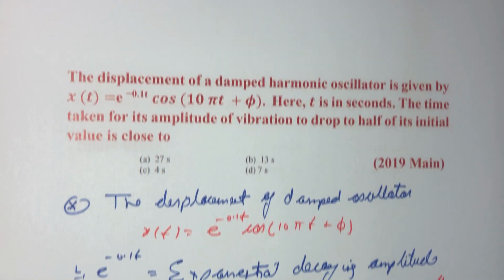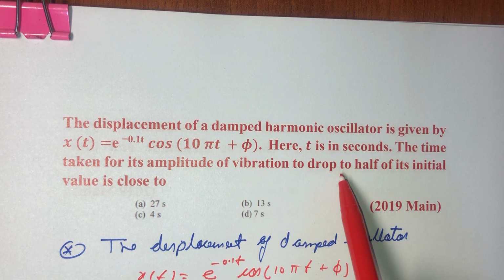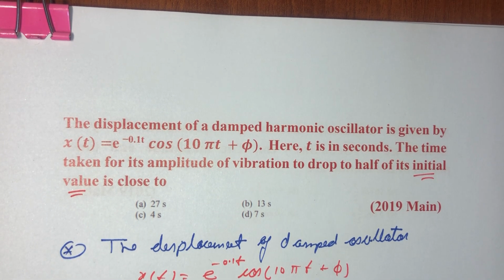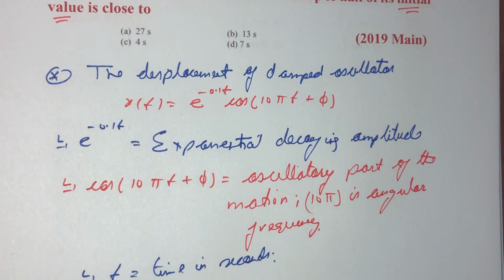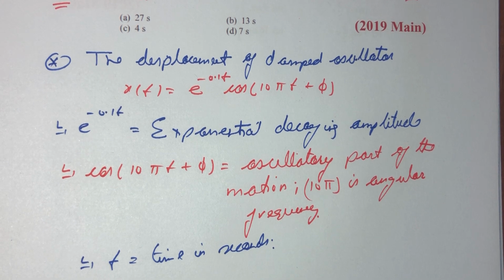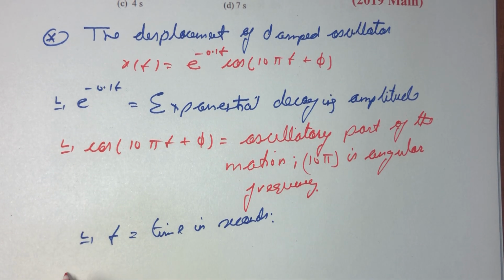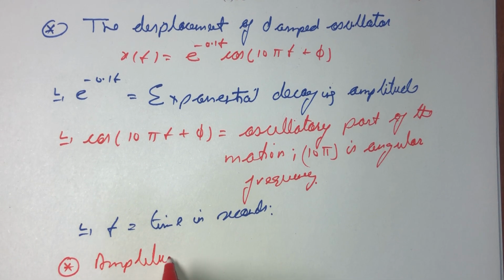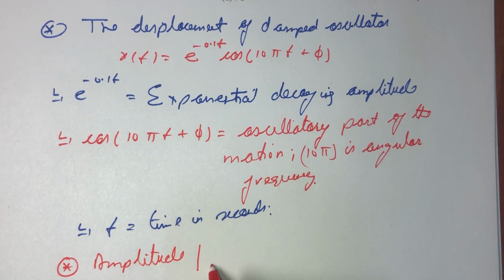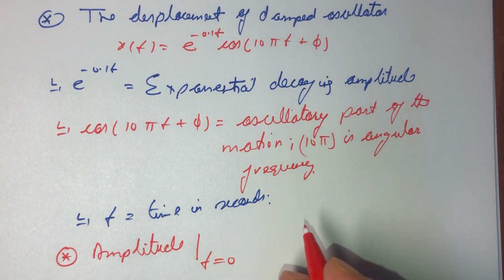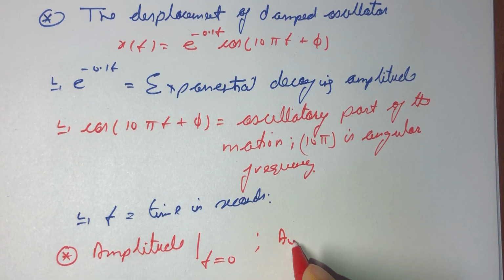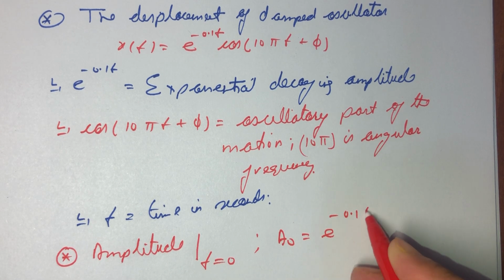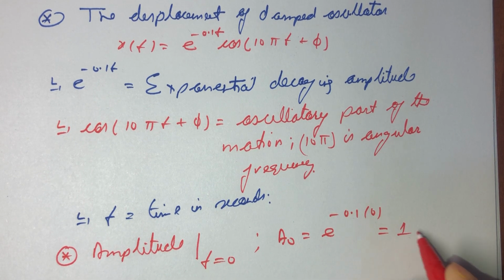So it's given that the amplitude of vibration dropped to half of its initial value. So let us first of all find out what will be the initial value. Initial means when time is equal to 0, what will be its amplitude. Amplitude at t is equal to 0. Let us call this a naught, and this will be equal to e raised to power minus 0.1 multiplied by 0, and this will be equal to 1.